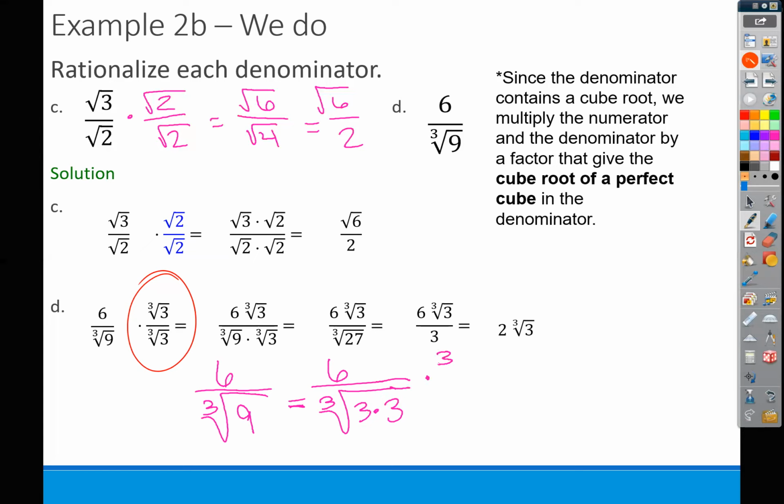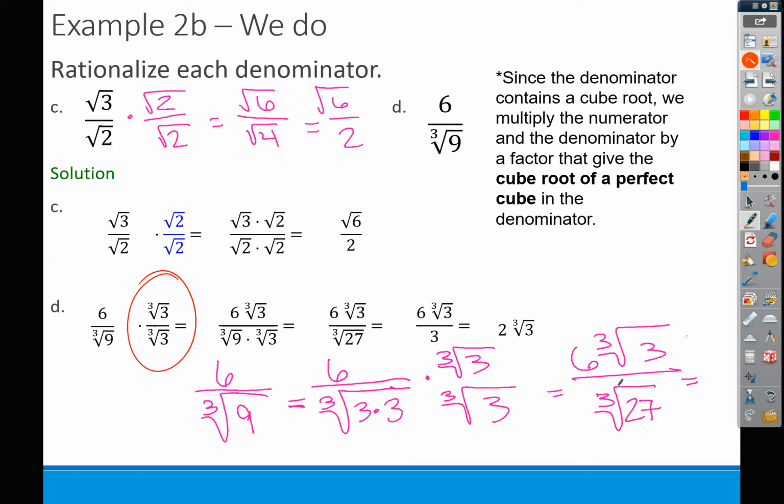We need another 3 underneath. Because when we do, that would give us a 27. And we know a 27, the cube root of that is 3. And then I can simplify 3 and 6 to just be 2 over 1. So that is your answer.